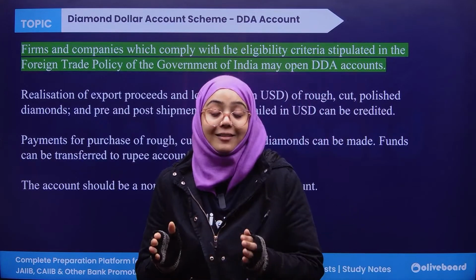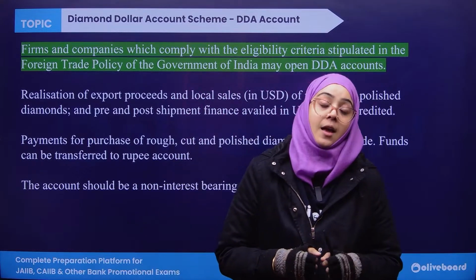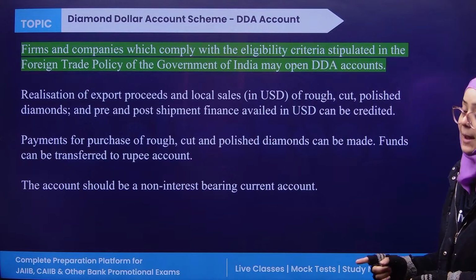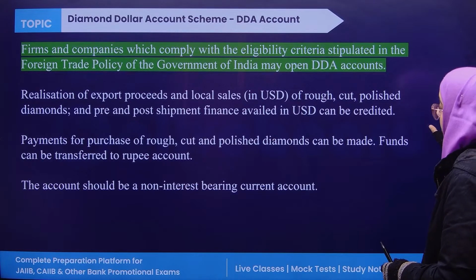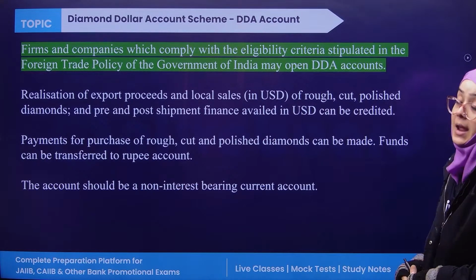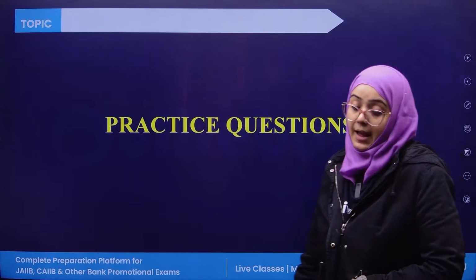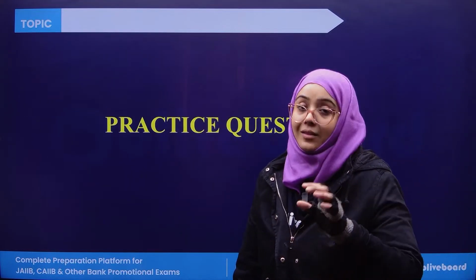If you are satisfying these conditions, then the account which is offered to you is known as the diamond dollar account. And the diamond dollar account is a current account, means it is a non-interest bearing account. It is a current account, means no interest is paid under this account.